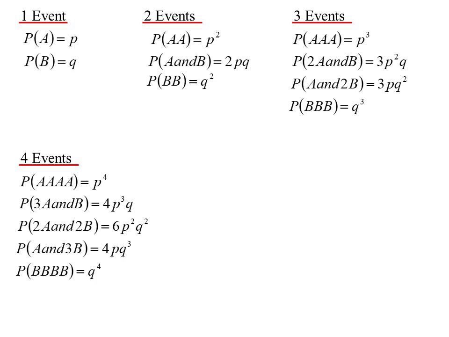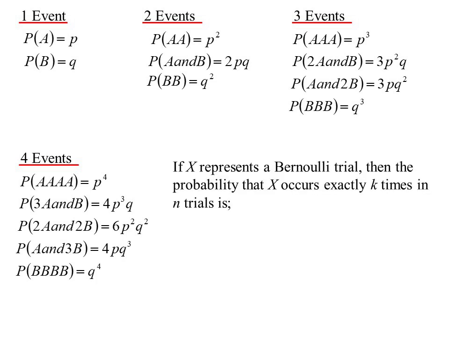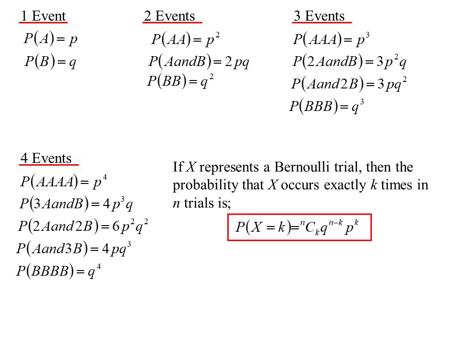That makes it a lot easier now to solve these problems, because we can say, if my random variable is a Bernoulli trial, and the event happens exactly k times when I repeat the experiment n times, it ends up being basically just the general term of a binomial expansion.